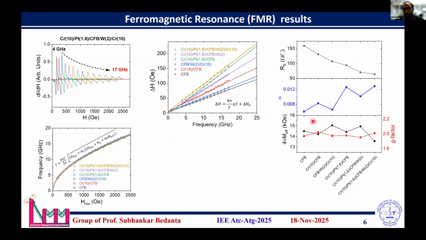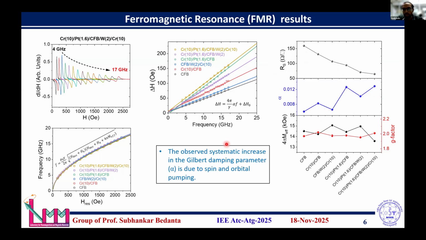These are the extracted parameters we have plotted here, and we also measured the sheet resistance of the structure to compare them fairly. The message here is that when we introduce the chromium, the Gilbert damping is increasing systematically. When platinum is also introduced here, the Gilbert damping increases very much.